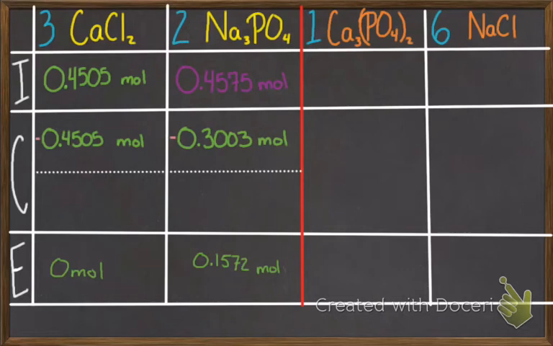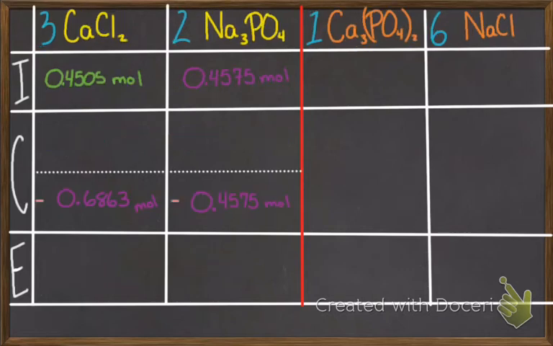Now let's look at sodium phosphate. We're going to do the exact same thing that we did on the other side. When we subtract the first column, we get a negative 0.2358 moles. And in the second column, because both of the digits are the same, we get 0 moles.